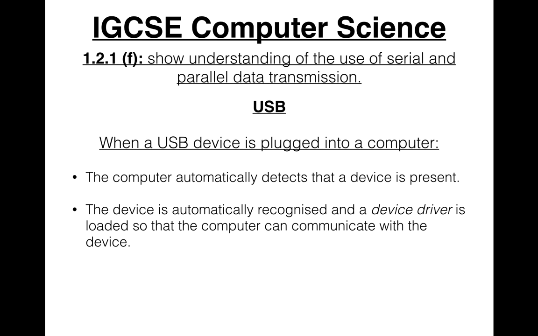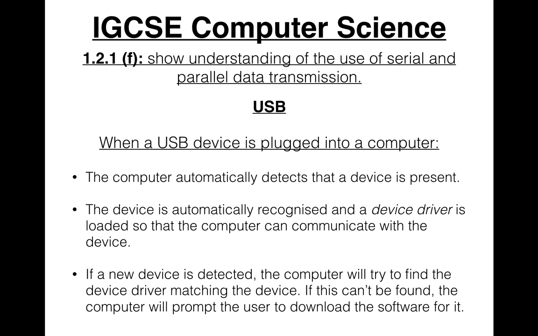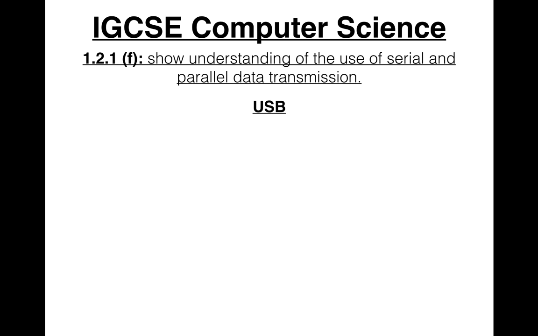You're going to need a MIDI device in order to read MIDI files. It's kind of like that. If a new device is detected, the computer will try to find the device driver matching the device. And if this can't be found, the user will have to do it manually.